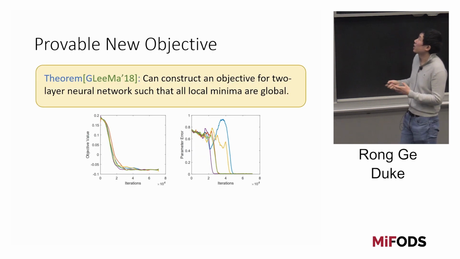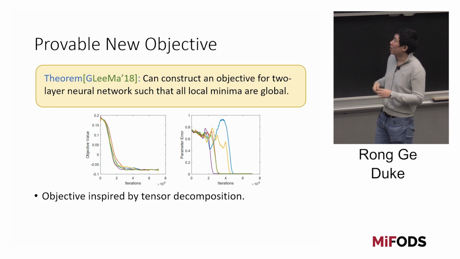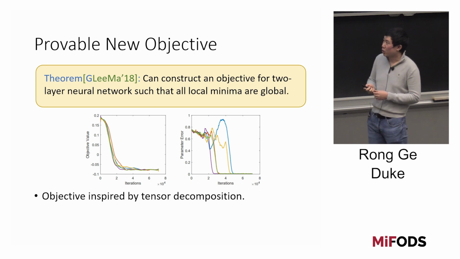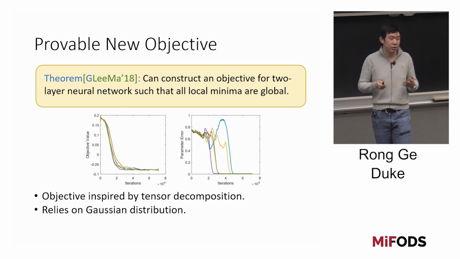We can construct a new objective function for a 2-layer neural network such that under some assumptions, all local minima are globally optimal. Unfortunately, the objective function is quite complicated, and it relies fairly heavily on the Gaussian input assumption.